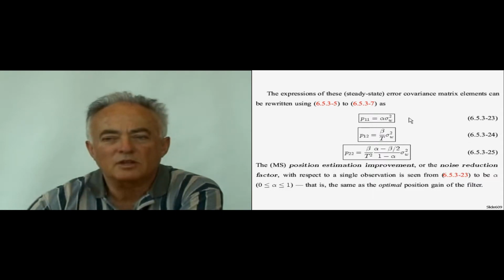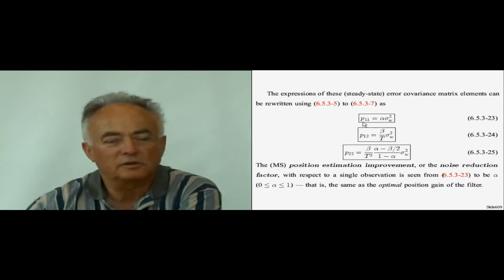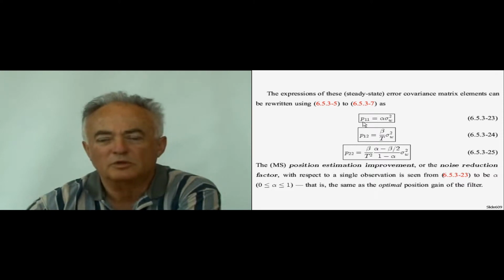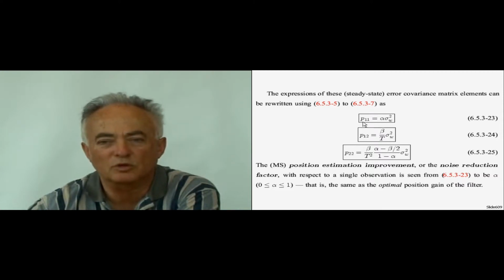Once those gains have been obtained, further algebra, we had really 8 unknowns to solve with some equations that turn out to be not worse than quadratic, as you can see from the final solution. 3 elements of P, P11, 12, and 22.